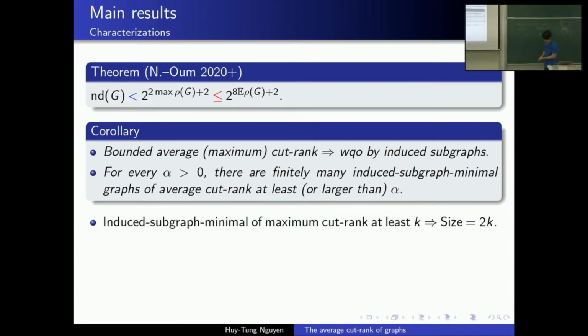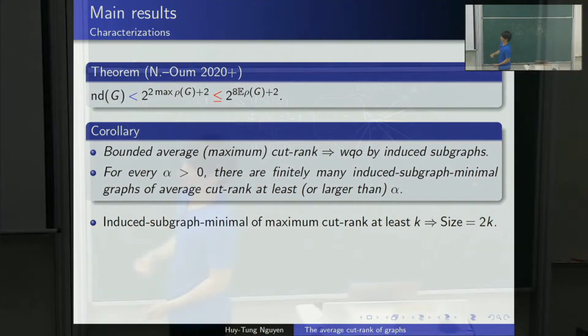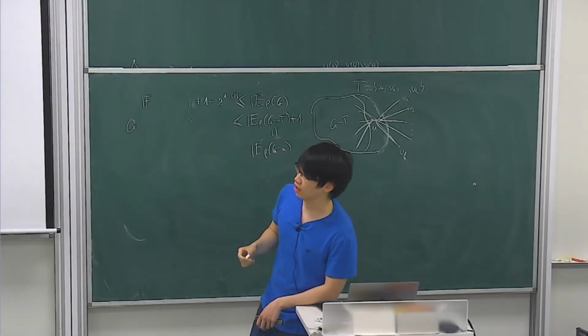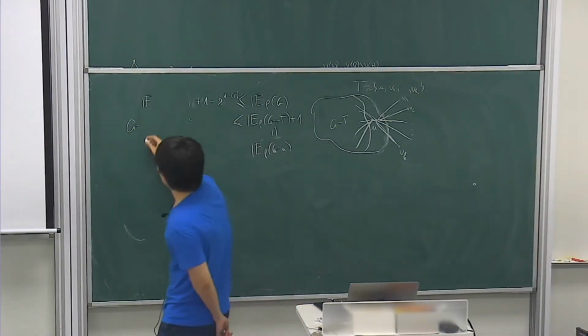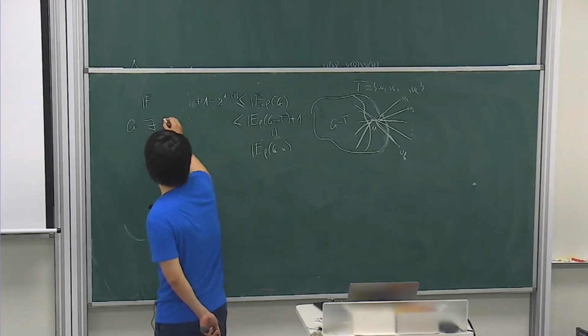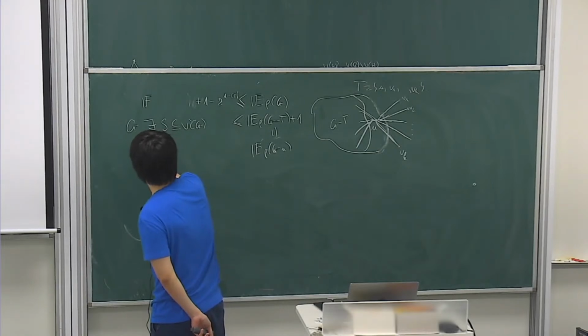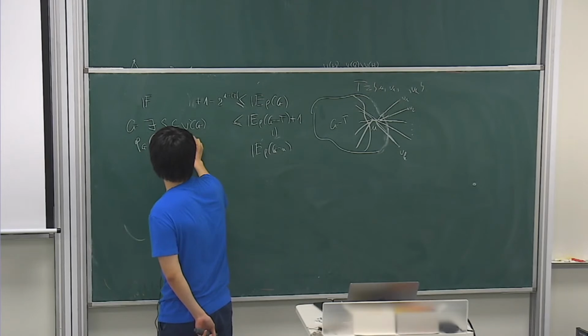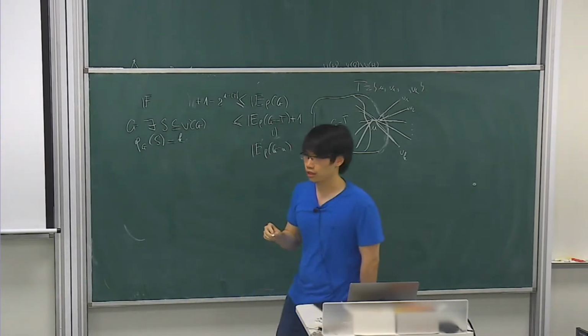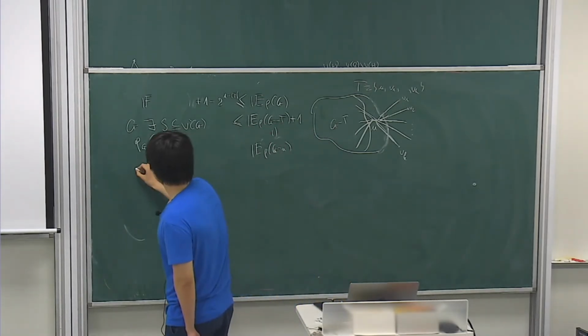And to explain this, let's say G is an induced-subgraph-minimal graph of maximum cut rank at least k. So by definition, there is a subset S in V(G) such that the cut rank of S is exactly k, right?